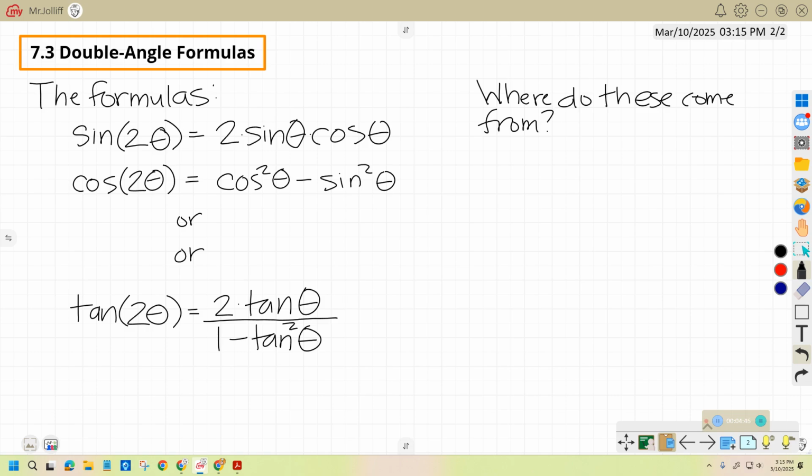So we're going to derive one of those equations because the process for figuring out the other 2 is identical to the process for the first guy. So we're going to start with sine.